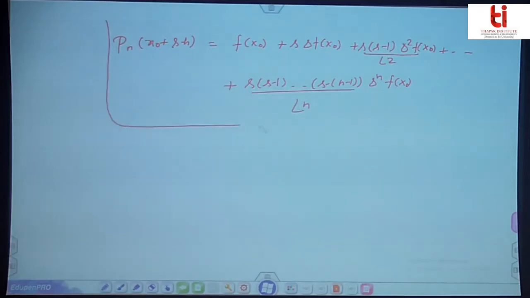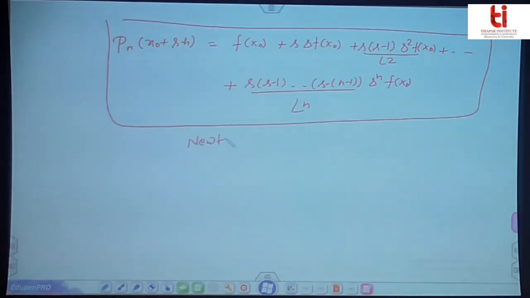So this is called the Newton forward interpolating polynomial. Why forward? Because this formula involves the forward operator. That's why. Okay, so Newton forward interpolating polynomial.